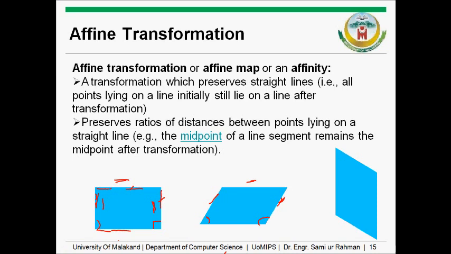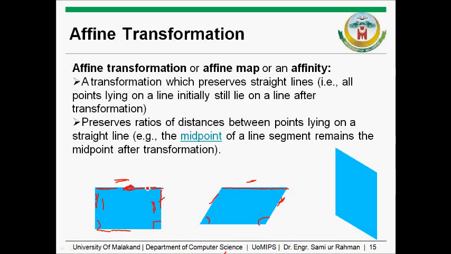Then there is another point in this transformation, and that is ratios. Okay, so for example, when I take some point here, and this is my line in the object before transformation, and this is the midpoint, and this same line in the object after transformation is this one.